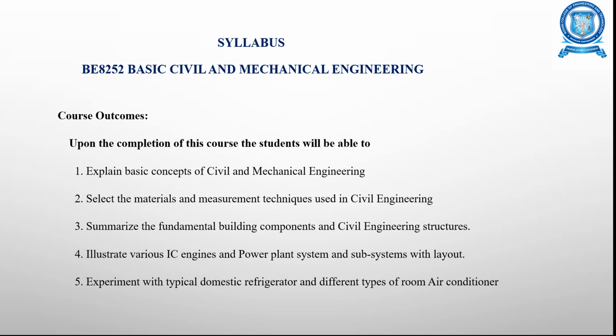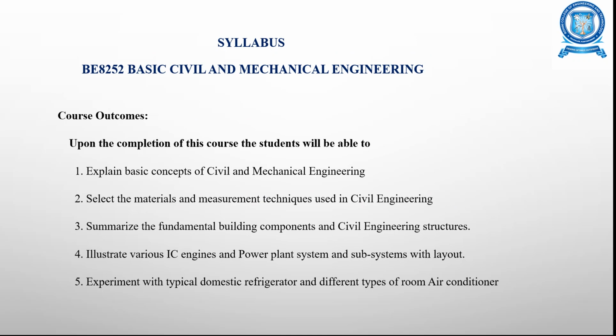So upon the completion of this course, Basic Civil and Mechanical Engineering, the students will be able to explain the basic concepts of civil and mechanical engineering from Unit 1. And from Unit 2, the students will be able to select the materials and the measurement techniques used in civil engineering.